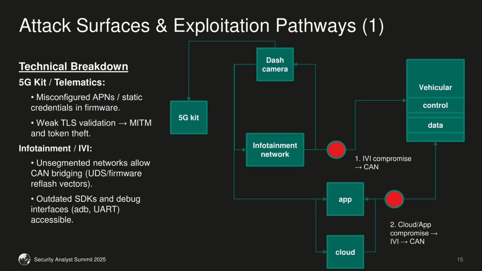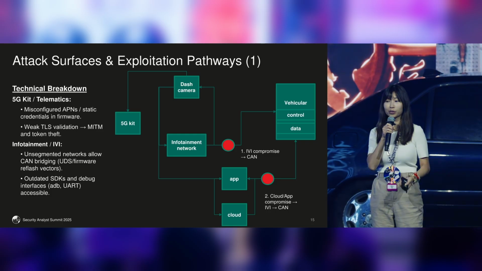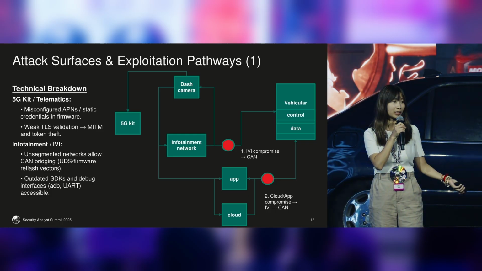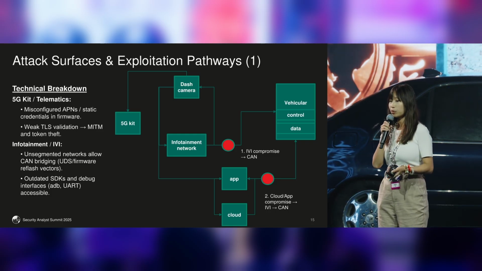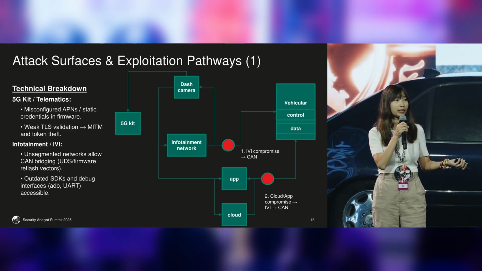We further condense the attack surfaces and exploitation paths into 4 different attack surfaces. Firstly, for external vectors such as 5G kits and telematics, misconfigured APNs or static credentials in firmware will also result in further lateral movement. Also, weak TLS validation can result in man-in-the-middle attacks or token theft.